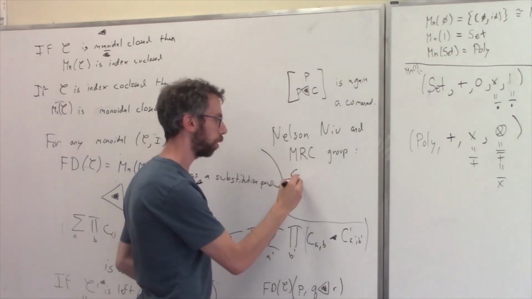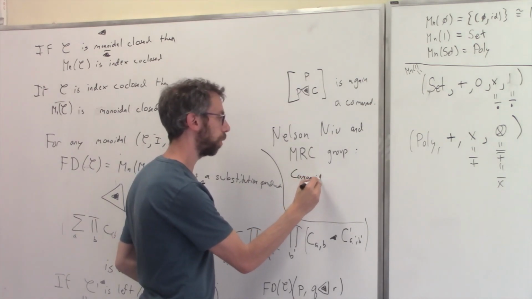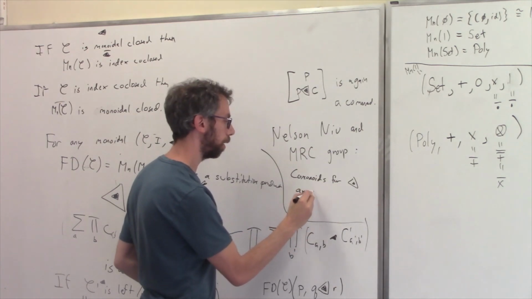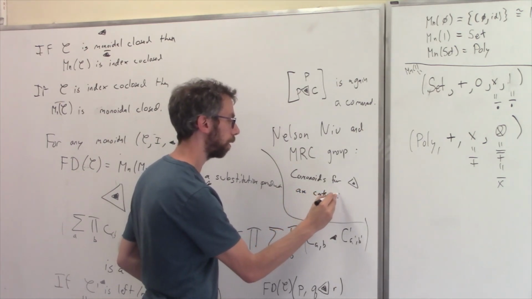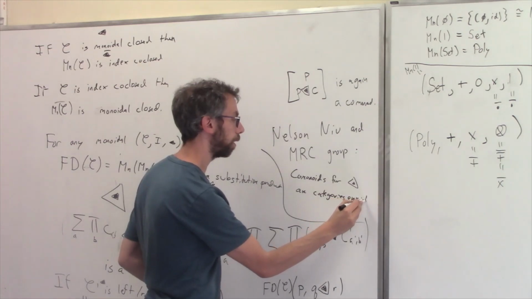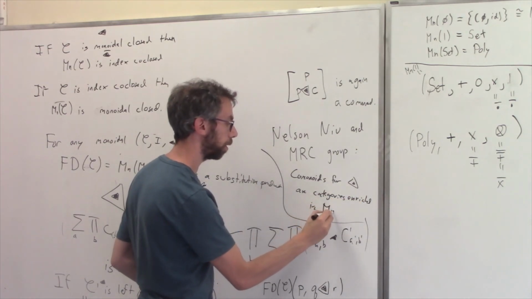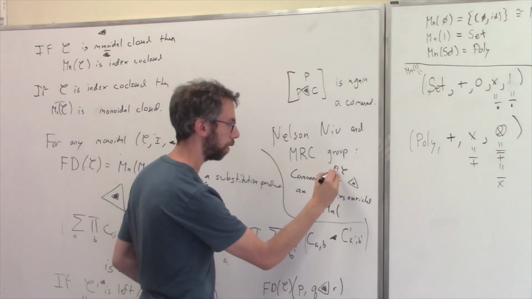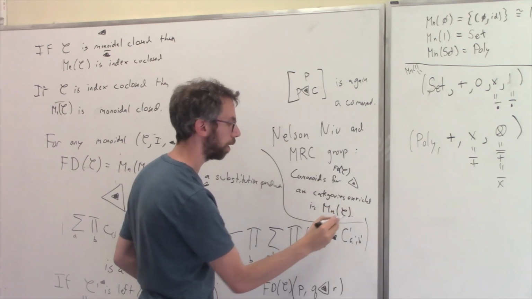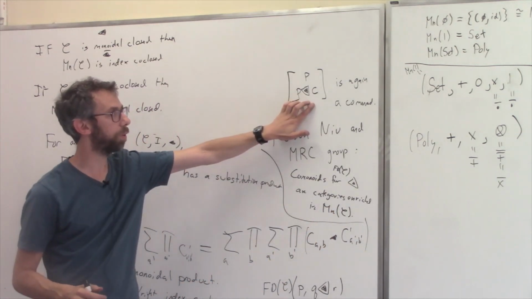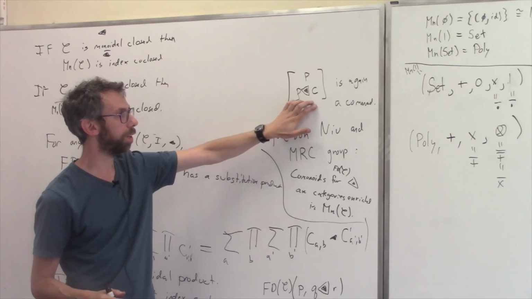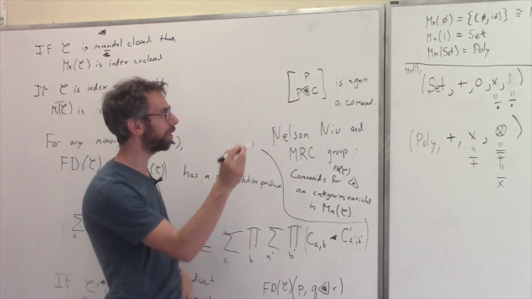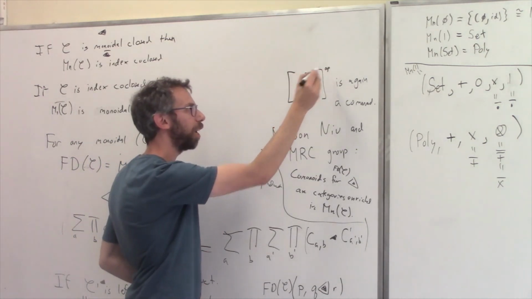So comonoids for this thing are categories enriched in menu of menu C. And so this thing will always be a comonoid, and therefore will always be a category enriched in menu C. And so there's almost enough to write this little, I just don't know what that op is.